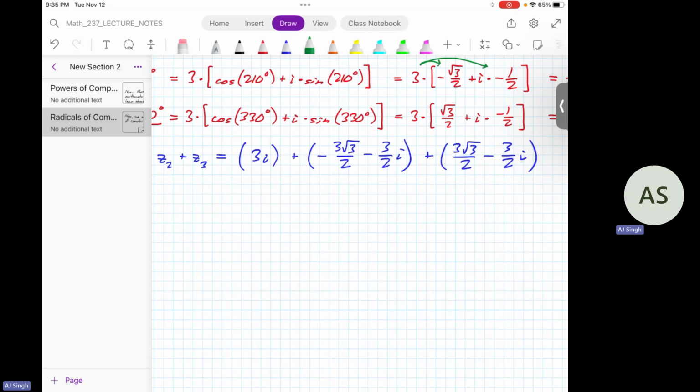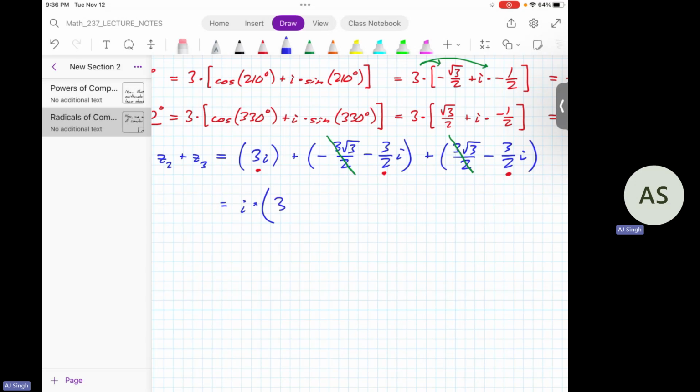Well, sure enough, this cancels that, right? And all we're left with is this red guy and this red guy. They're all imaginary numbers, so they all have an i on them. Let me factor the i out as a common factor.